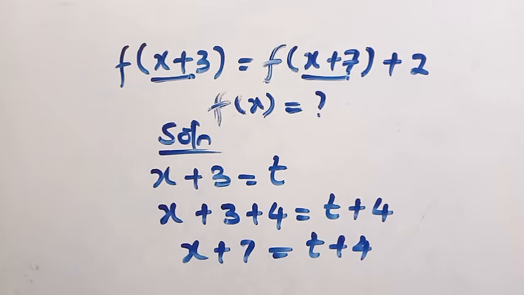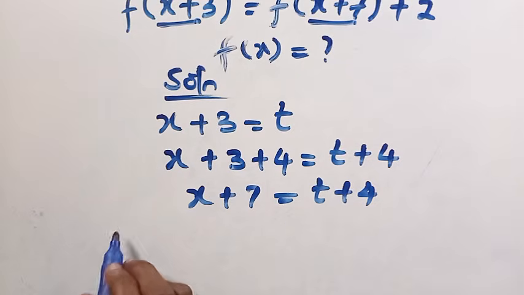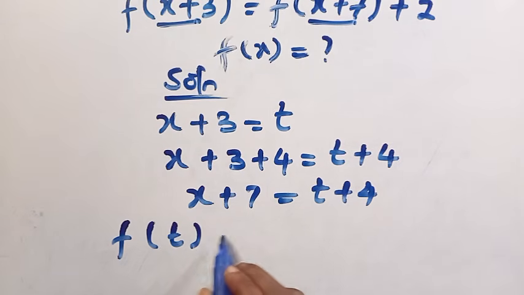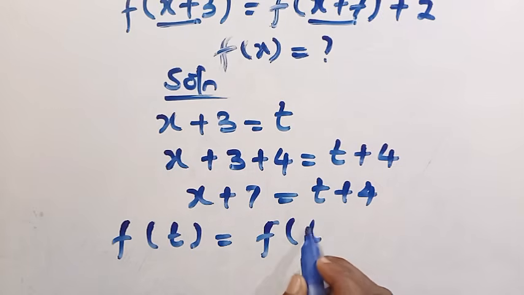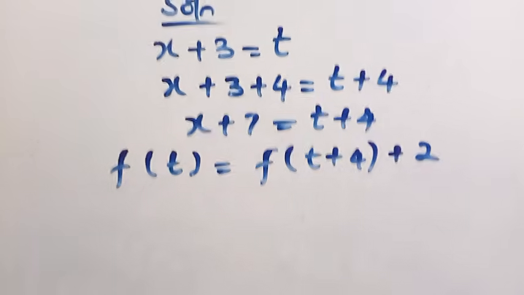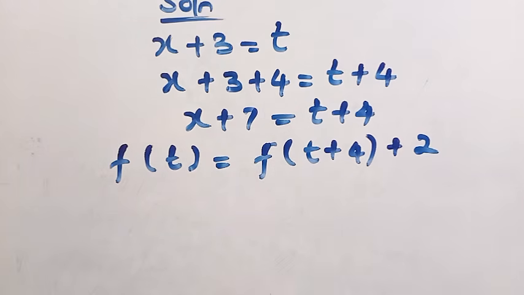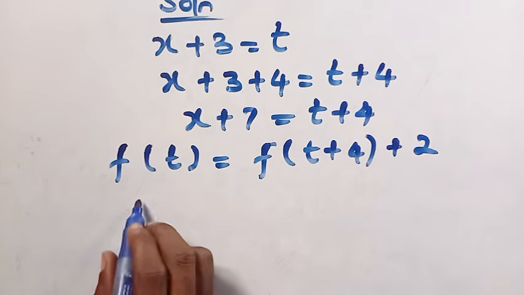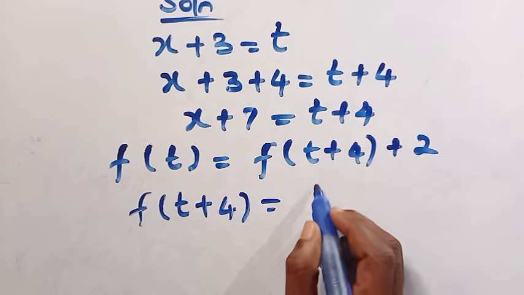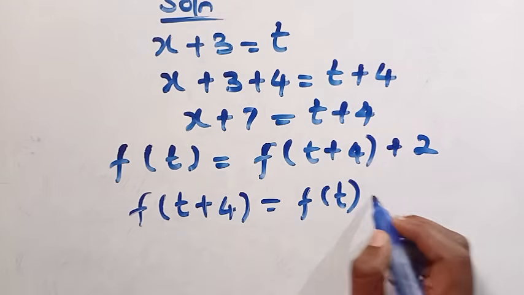Let's reduce everything in terms of t. This is f of t equals f of t plus 4, then we have plus 2. Let's make f of t plus 4 the subject of the relation, as we have f of t plus 4 equals f of t minus 2.